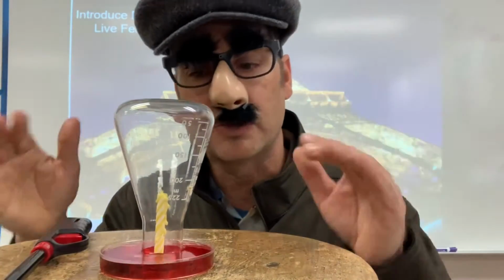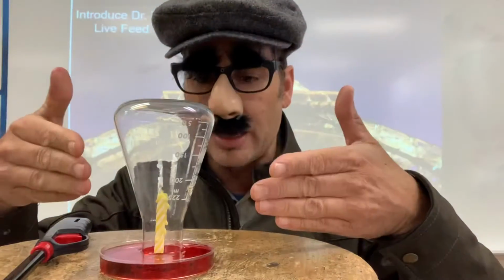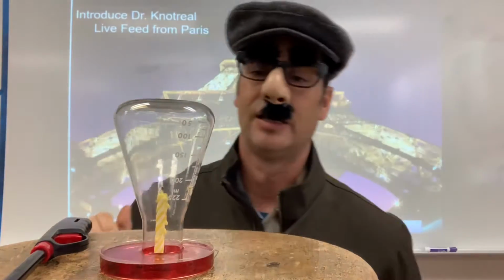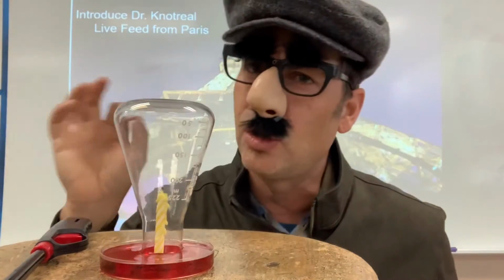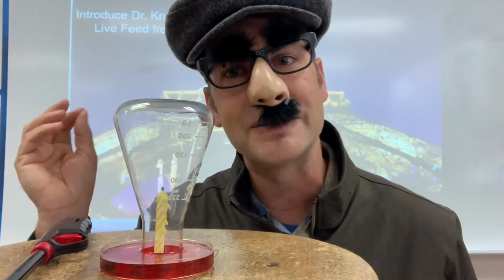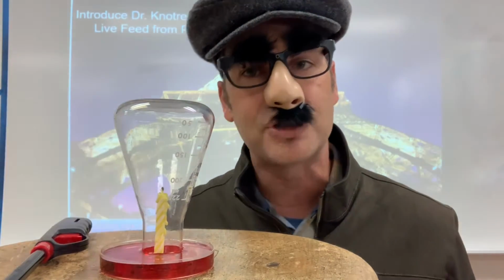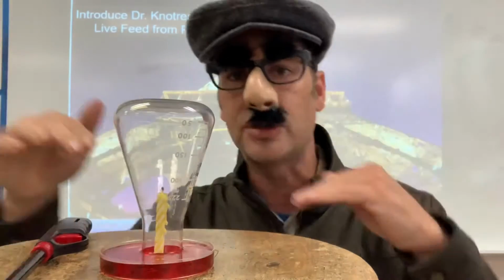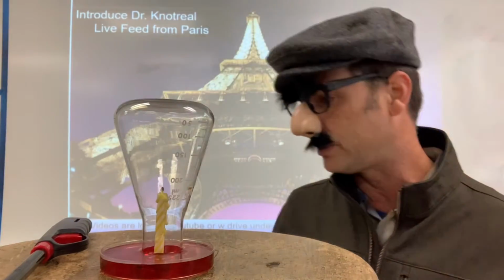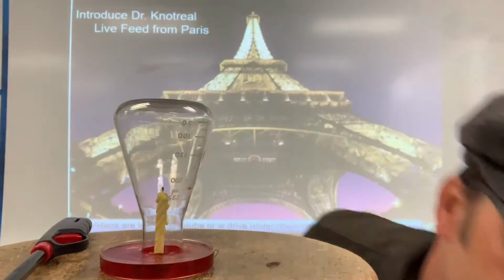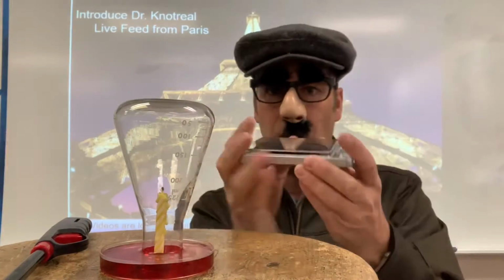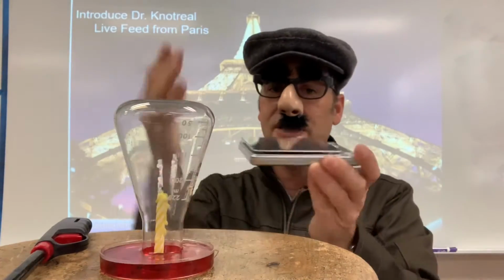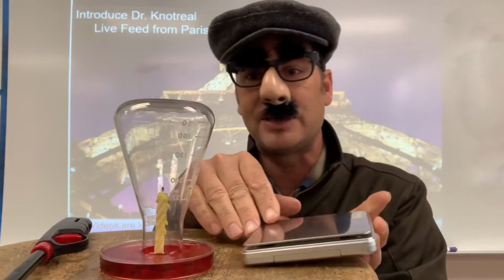You're first going to make some observations. You will draw a picture of what this looks like, label everything, and then the goal is to write as many quantitative observations as you can off of the picture that you drew. So for example, you could take a digital balance and take the mass in grams of some of the items.